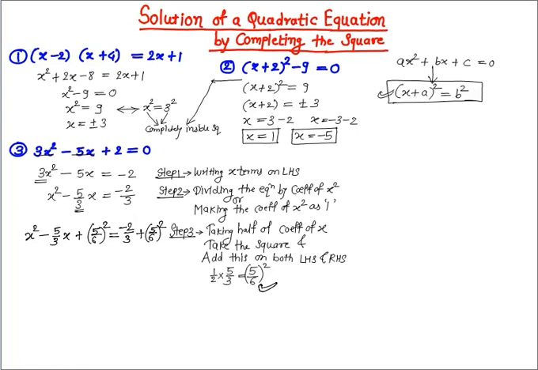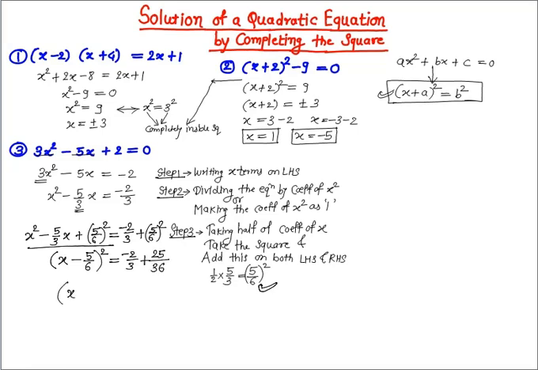If you observe, this complete left hand side is in the form of a square minus 2ab plus b square. So if we simplify this, we get (a minus b) whole square. So (x minus 5 by 6) whole square would be our left hand side, equals to minus 2 by 3, and if we solve this, 5 square is 25, 6 square is 36.